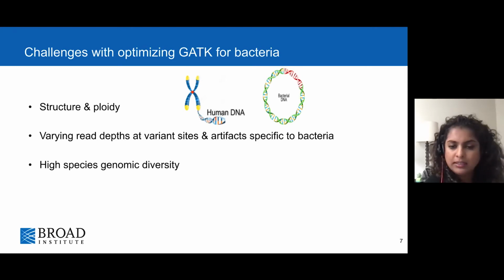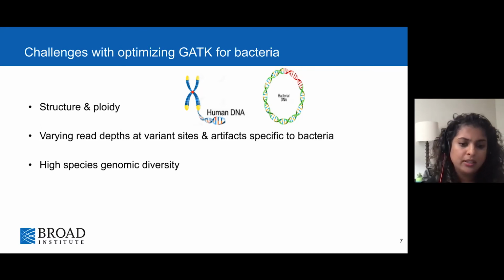And so why is it important for us to optimize GATK for bacteria? The reason for that is, as I mentioned earlier, the human genome is drastically different from bacterial genomes. Human DNA is linear and diploid, while bacterial DNA is circular and haploid. Human DNA has true variants in varying read depth regions of the sequenced genome, and there are artifacts that are specific to bacteria, but you don't see this in human DNA or human genomics data.